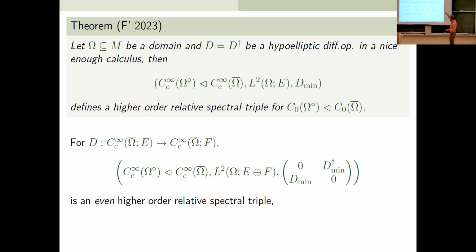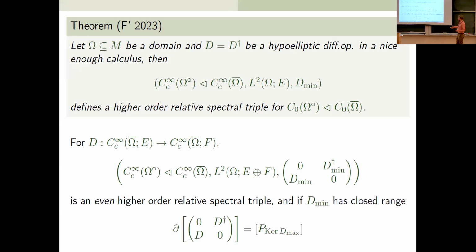We just put it across the diagonal, and then we can apply the boundary map, and we end up with a projection on the maximal kernel. Here I've also taken away the minimal extension because it's not dependent on the extension, which is kind of nice to know. Also, it doesn't depend on lower order terms, no matter which calculus you work with.